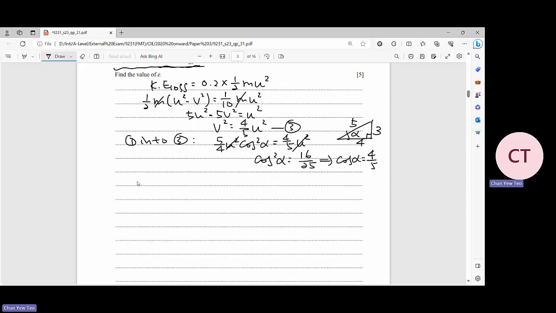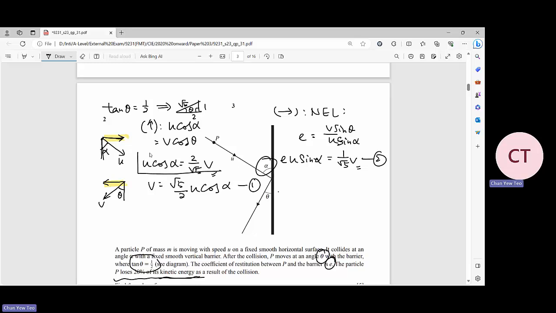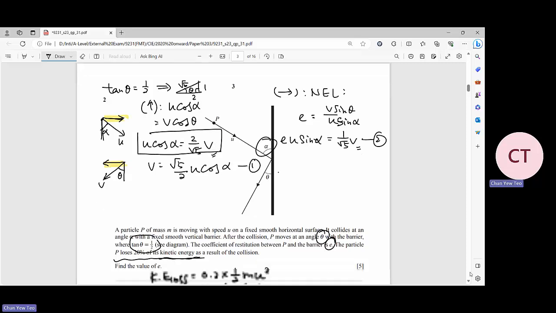So 2 divided by 1, it will be eu sin alpha divided by u cos alpha. I am supposed to use u cos alpha equals to 2/5 v.